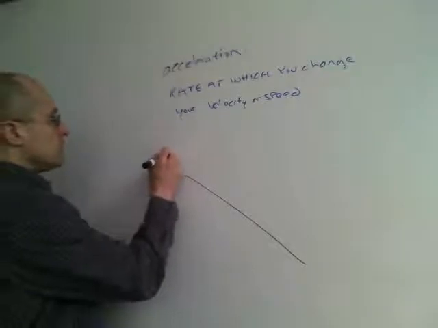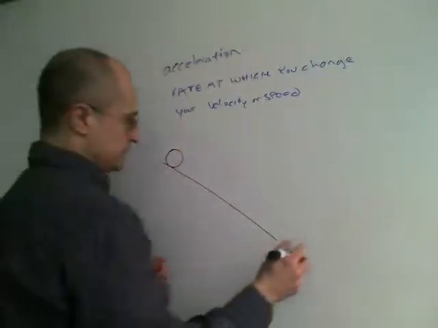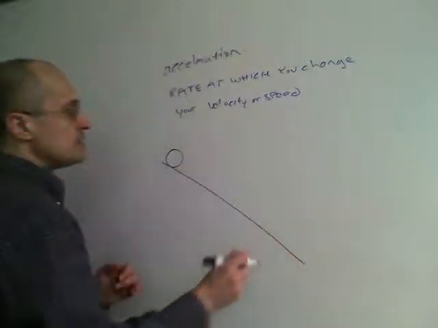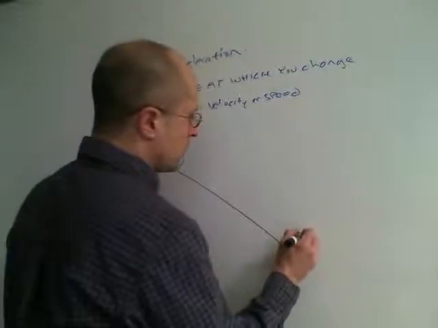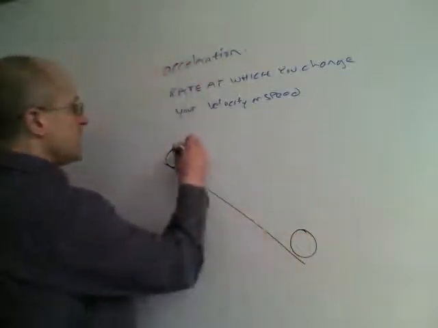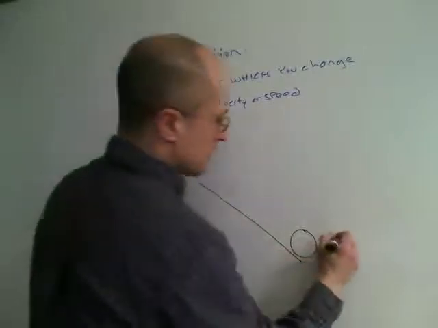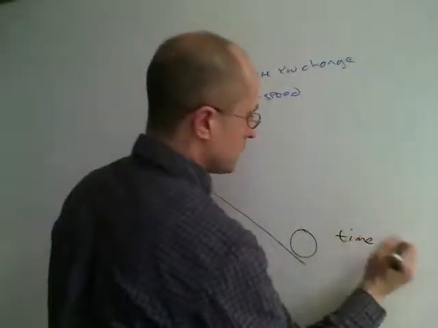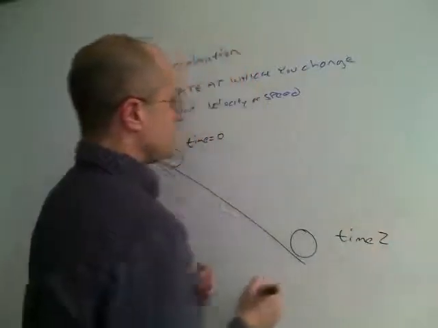Galileo would start with the ball at the top of an inclined plane, and then he would measure the speed of his ball at some point. So we have time equals 0 here, and some amount of time later, time 2 down here.